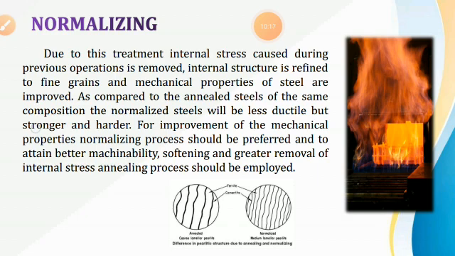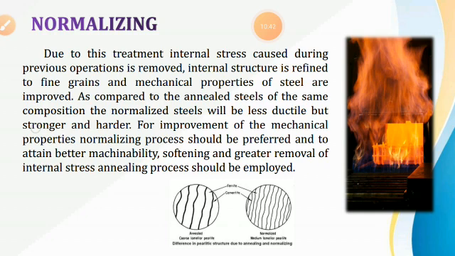The normalized steel will be less ductile but stronger and harder. But in the case of annealing, the hardness will be low and ductility will be high. In the case of normalizing, ductility will be less and hardness will be very high.